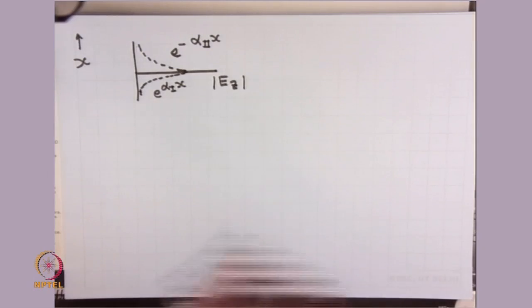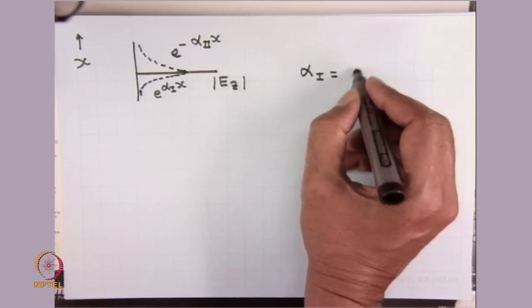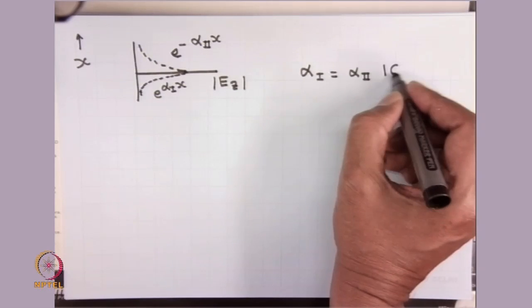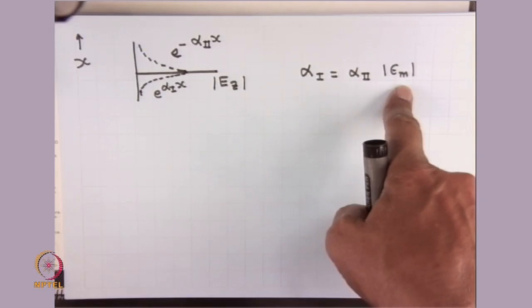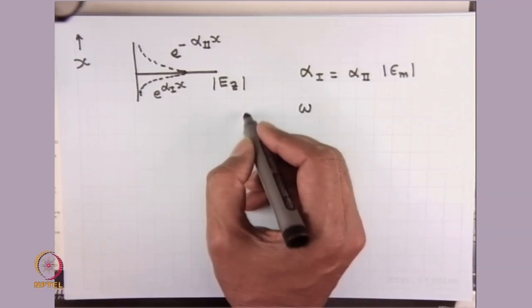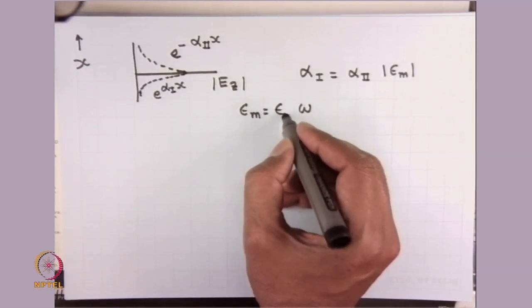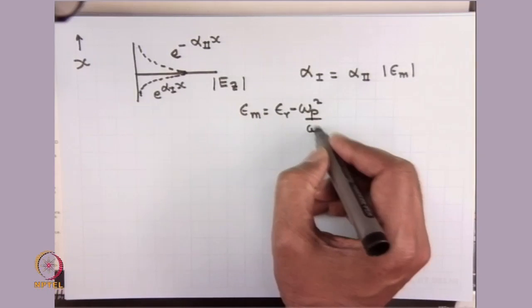Alpha 1 is equal to alpha 2 times modulus of epsilon m. So epsilon m, please recognize, is the effective permittivity of the conductor, which is epsilon r minus omega p square upon omega square.